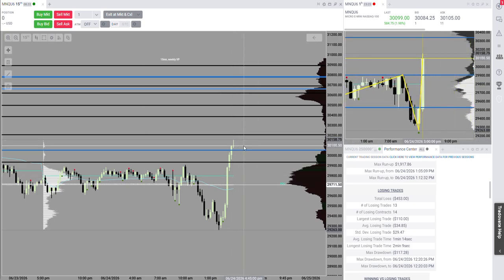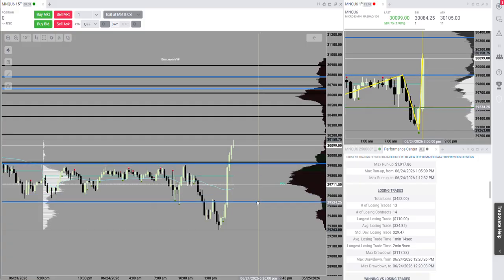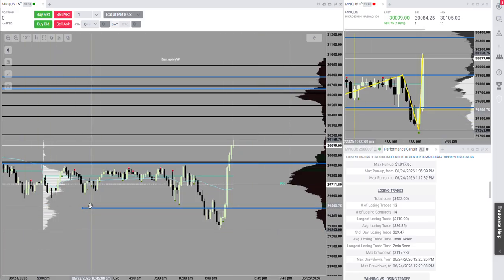So with that being said, now that I move some levels around, I'm going to make sure that this looks synced well enough. I'm going to make sure those levels are drawn on here and move them over, because typically if the levels start closer to the current price action, then they tend to copy onto the next charts a little bit better.